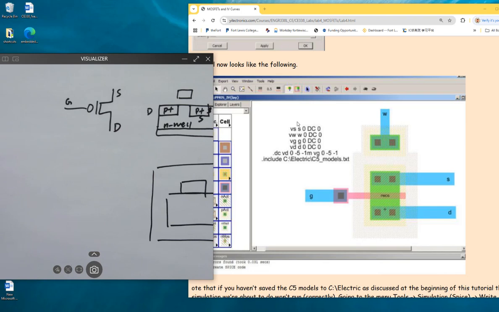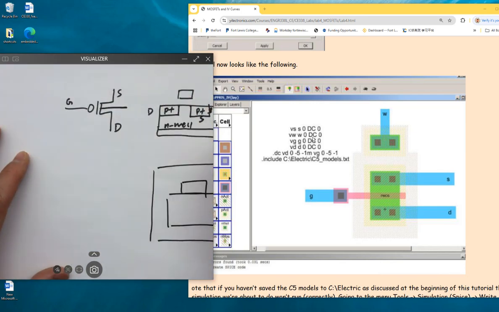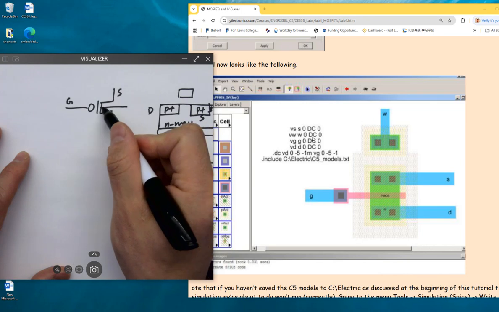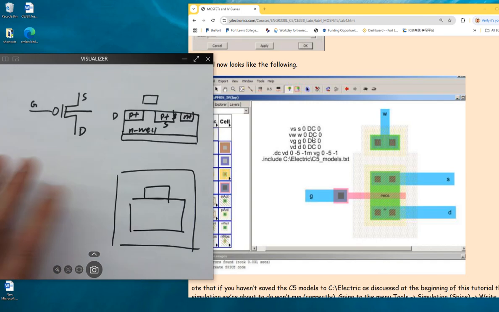However, all the other places are shorted to ground. VW is also shorted to ground. Does that make sense? VW is the body here, which is a tab; sometimes you'll see a line drawn in the middle of the symbol, and that represents the body of the well, which is over here.